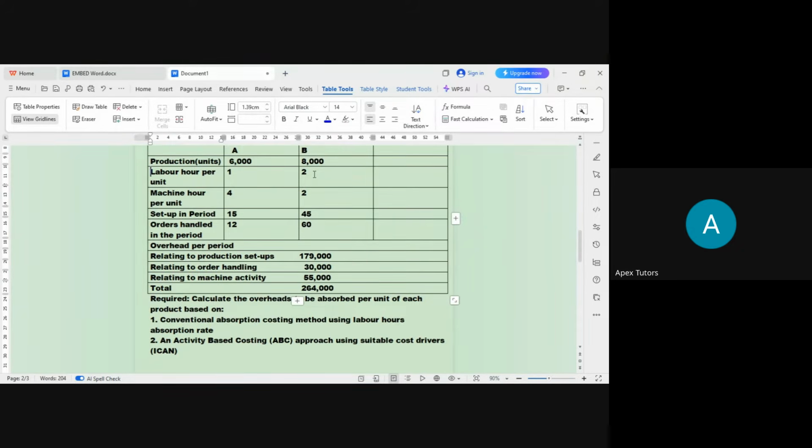So for you to determine the total labor hours, what will you do? Mr. Abiodun, I can see your hand up. They will multiply labor hours by production units. All right, so yes, we multiply.